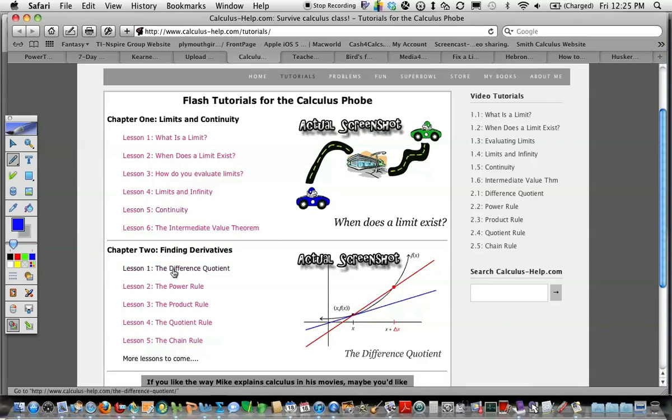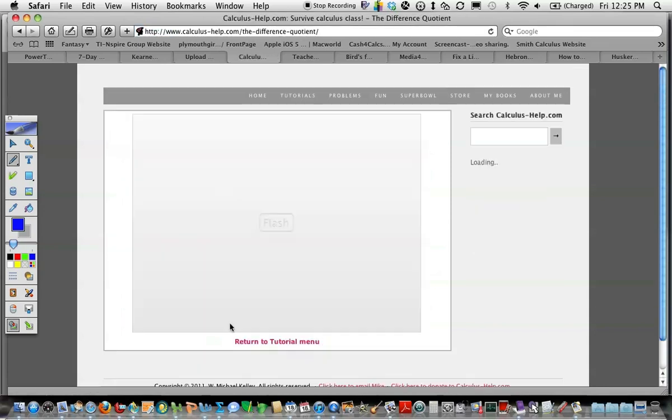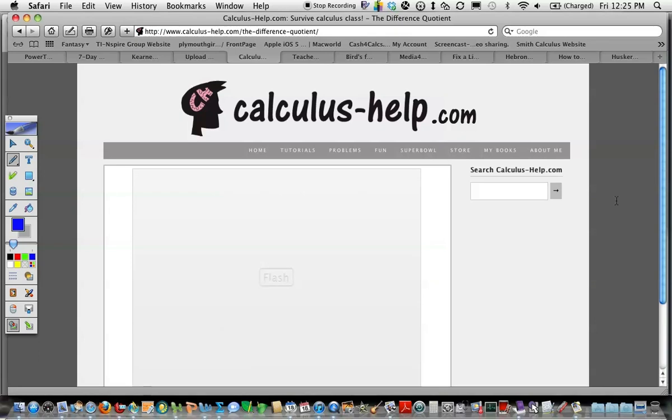The one I want to look at real quick is this difference quotient, and then we're going to look at several of these as well. Over the next two or three days, you may want to come back to this site and look at these again just to help you with the concept of the limit. They're pretty short, and not terribly boring to listen to.